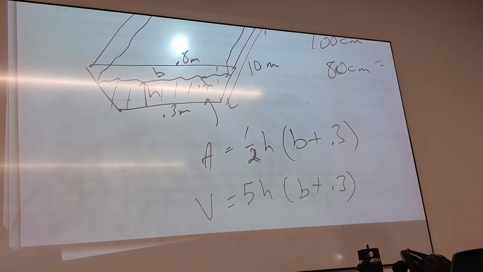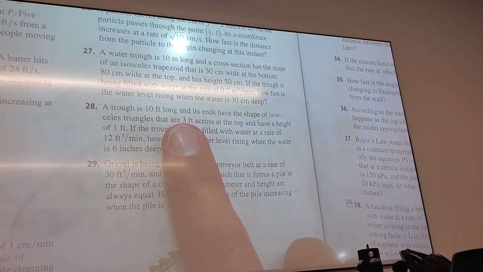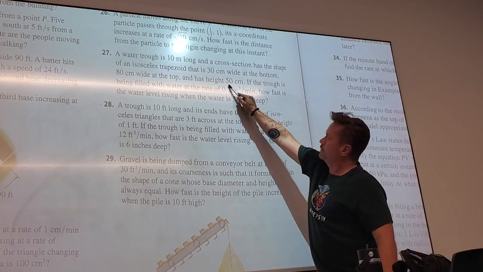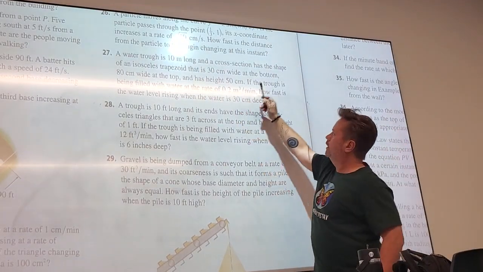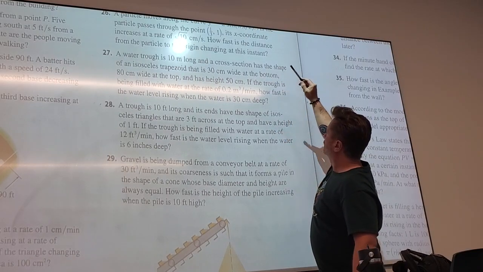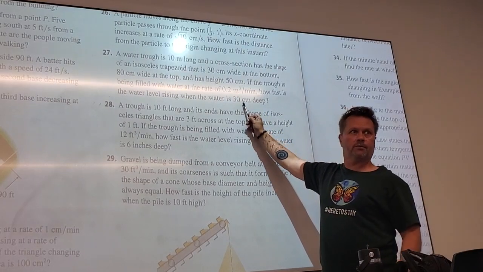What rate do they give us? 0.2 meters cubed. Yeah, what is the symbol for this? Good, it's a change in volume over time, that's dV/dt. Did they give us anything else? No. The only other thing they give me is how high the water is at a certain point.